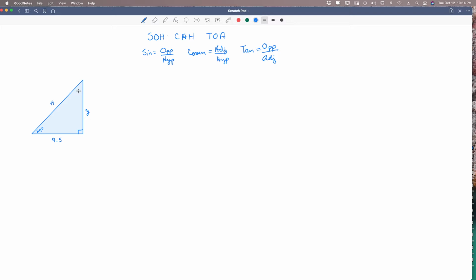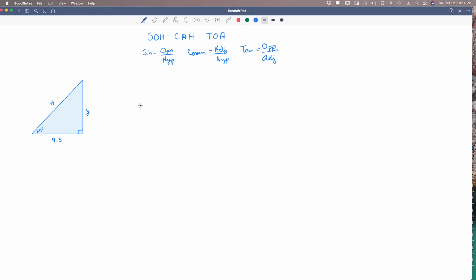Looking at this, we have to choose the appropriate ratio, and the only way we can have an appropriate ratio is if we can get to a ratio.